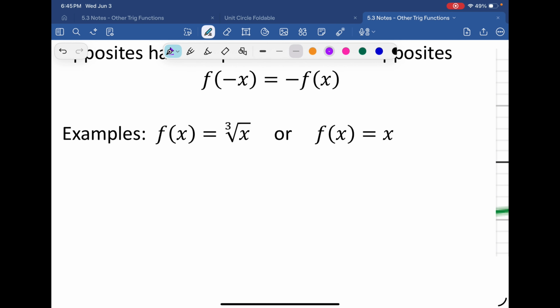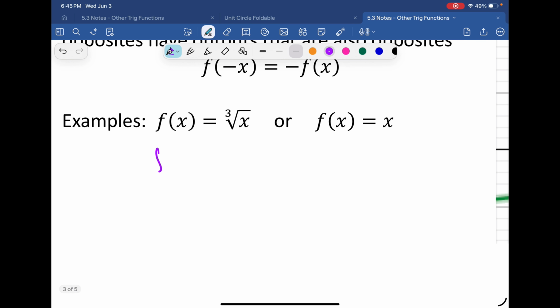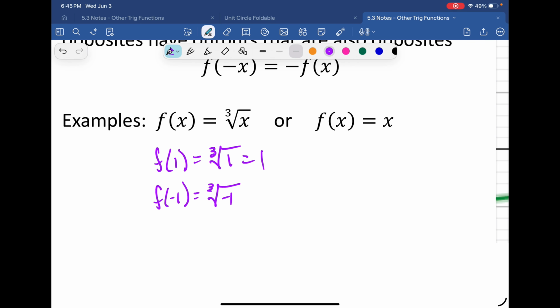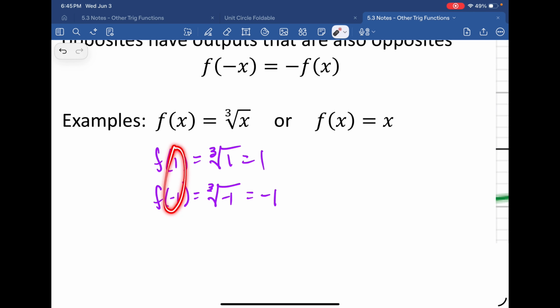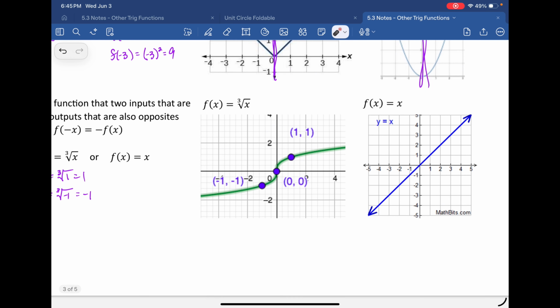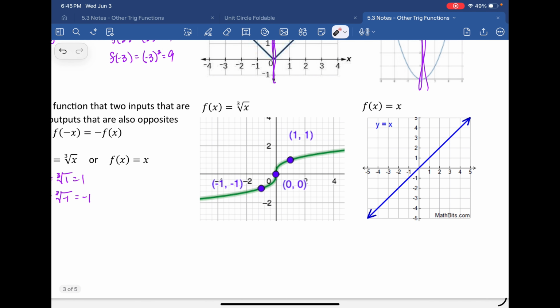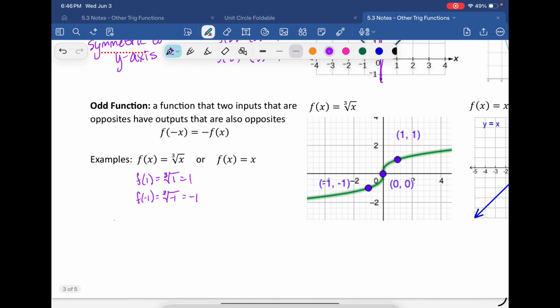Okay, so let's say I'm going to do the cube root. If I plug in a positive 1, the cube root of 1 is 1. If I plug in the opposite, the cube root of negative 1 is negative 1. What I plugged in was opposite, what I got out was opposite. So you can see both of these are considered odd functions. Their symmetry is diagonal. It's symmetric to the origin.